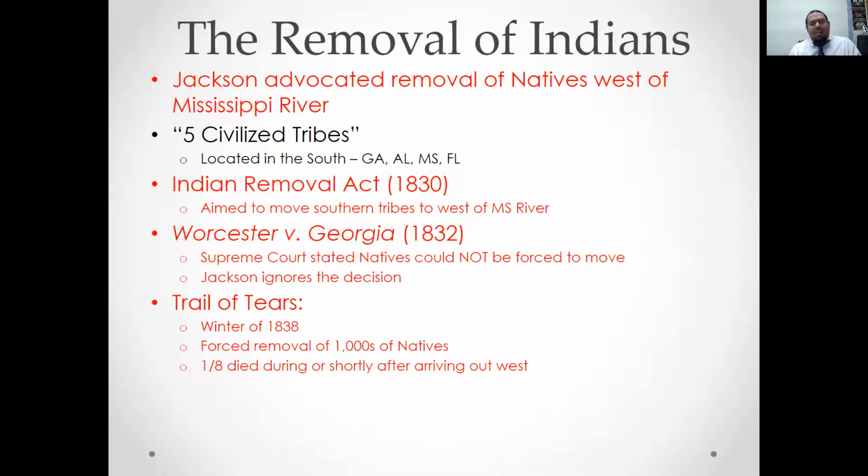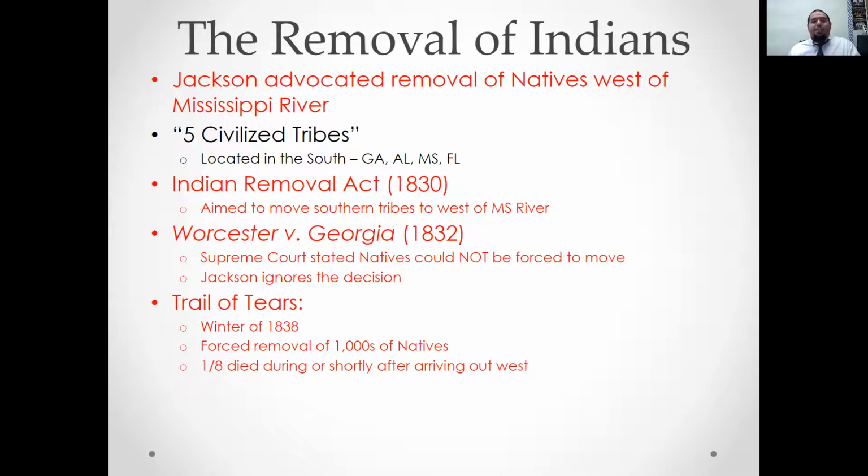And it's going to lead to a lot of problems because the Supreme Court can overturn laws, uphold laws, but can they really enforce them? So Jackson just ignored the decision because it's the executive branch who enforces it, correct?